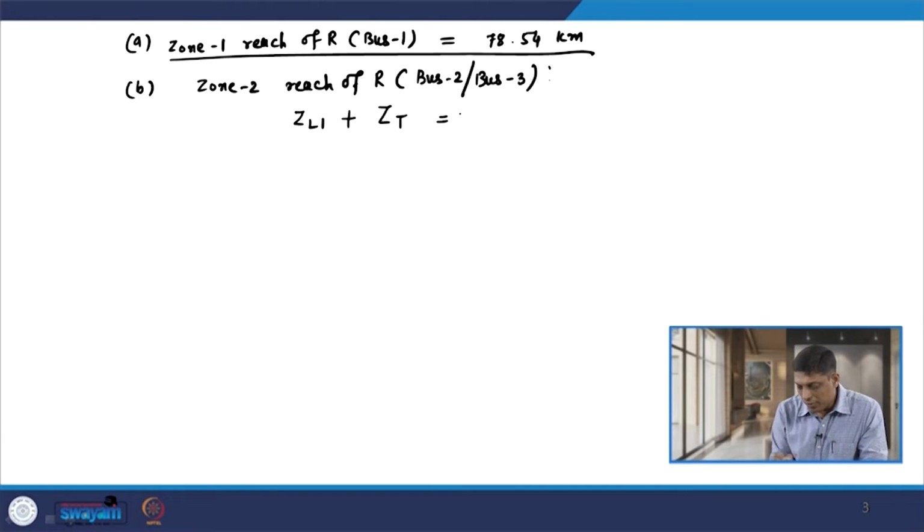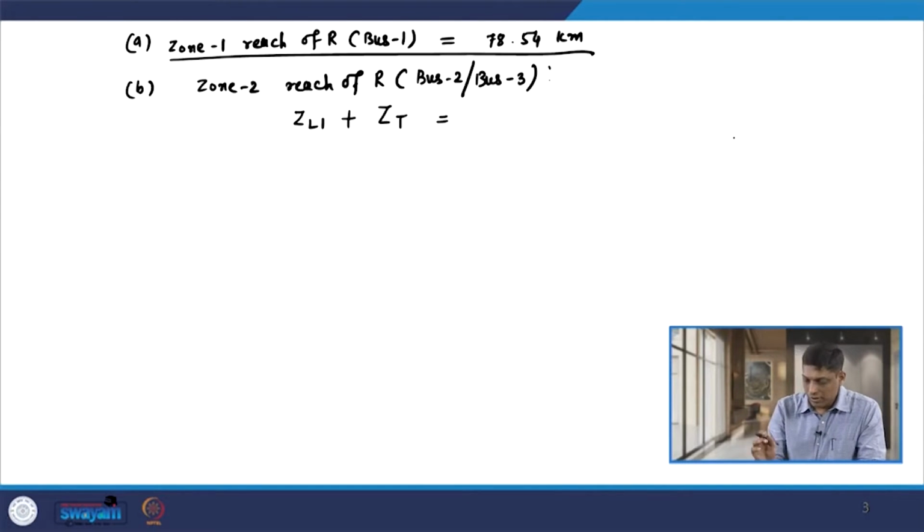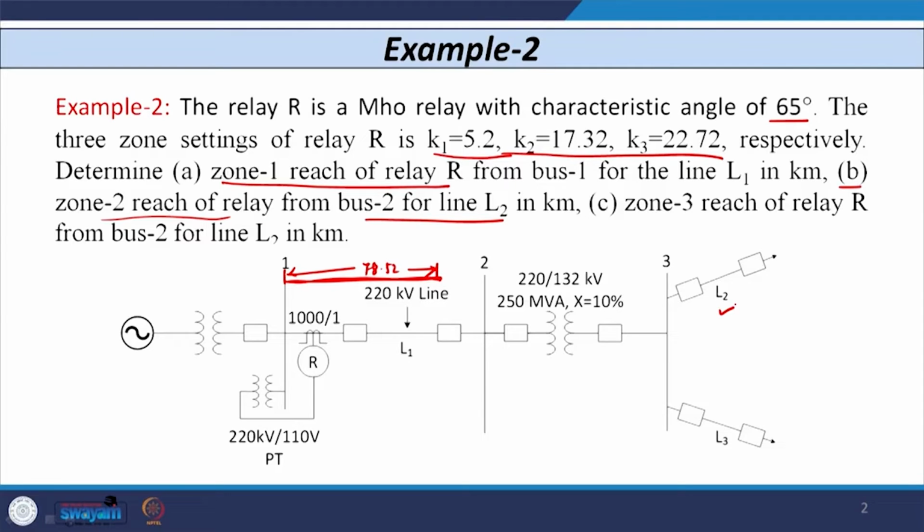The ZL1 total, which we have already calculated, is 3 plus j12 ohm. So this value is 3 plus j12 plus the transformer reactance. Here the transformer reactance is given as 10% and line L1 is on the 220 kV side.